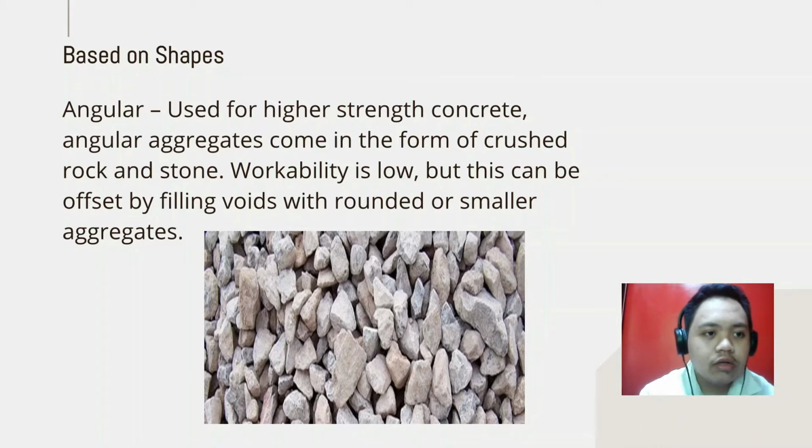So here on angular aggregates, it is from rocks and stones that have been through rock quarrying. Since earlier na-discuss natin about sa rock quarrying, it comes from the mountain sides, yung tayo nag-rock quarrying. These are some of the aggregates that are the products of those quarrying.